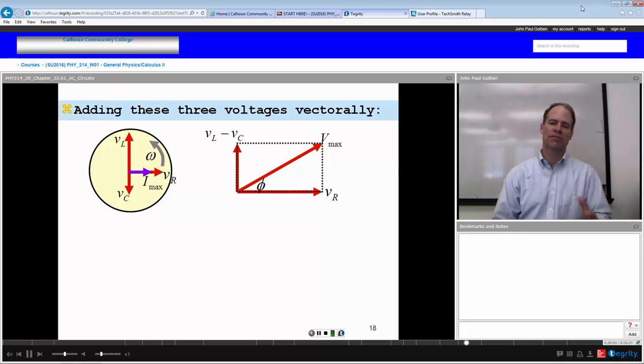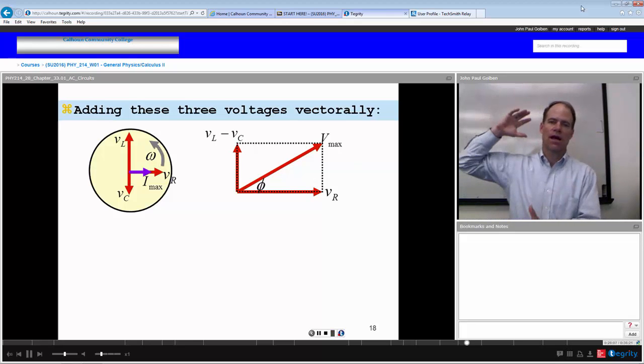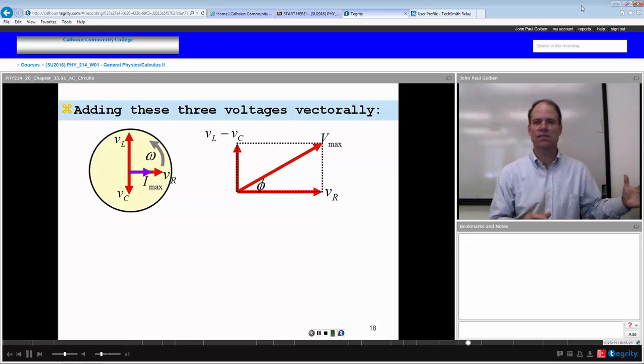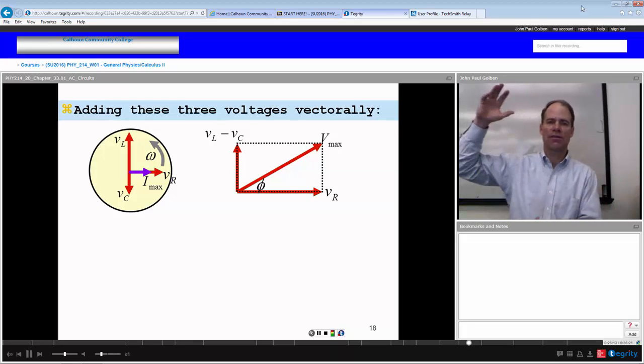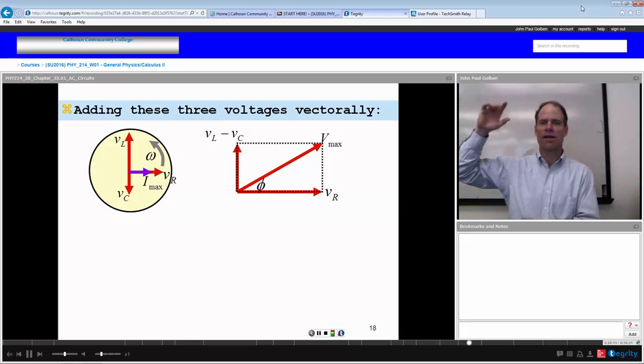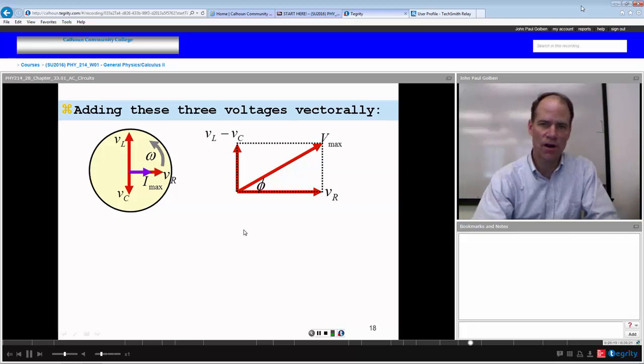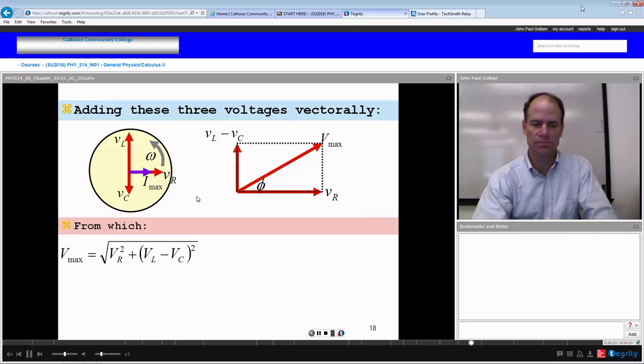So we would have to square the components in the x direction, the voltage of the resistance, plus the net voltage in the y direction, square that, add them together, take the square root, and we'll get the value of our maximum voltage for the circuit. So it would look like this.